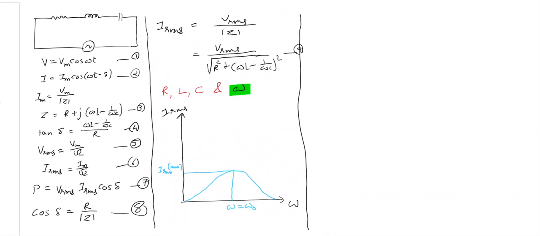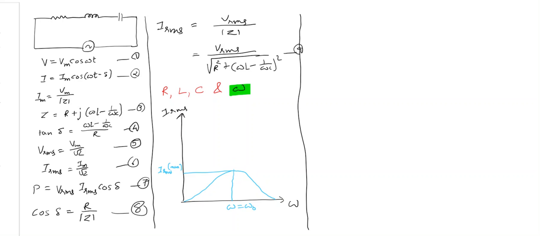Now, why IRMS increases? Look at the nature of this graph. IRMS is increasing, reaching some maximum value, and then it decreases. So this phenomenon, where IRMS achieves its maximum value, is called series resonance. Series resonance is a phenomenon in which current passing through AC circuit becomes maximum.